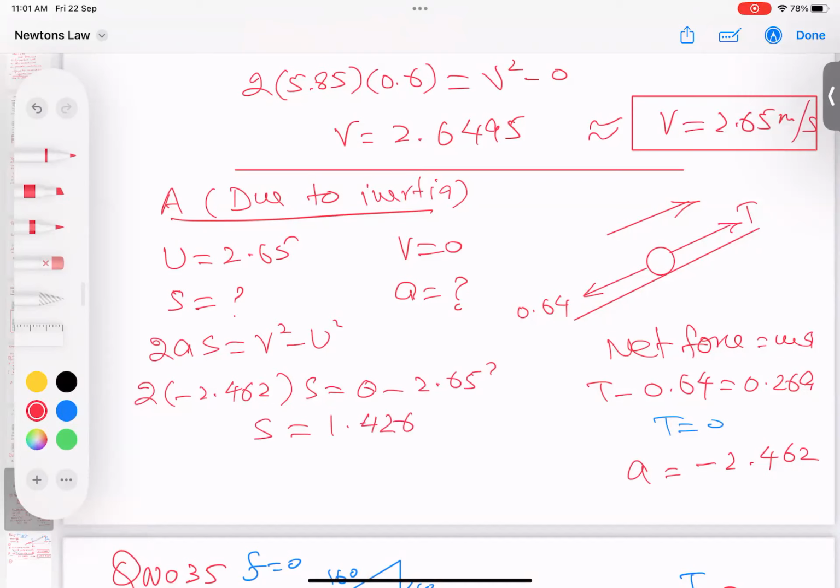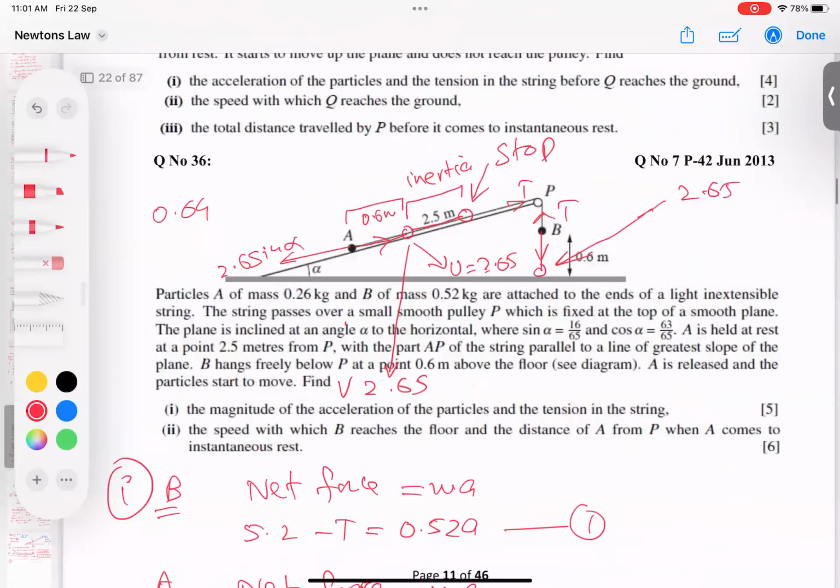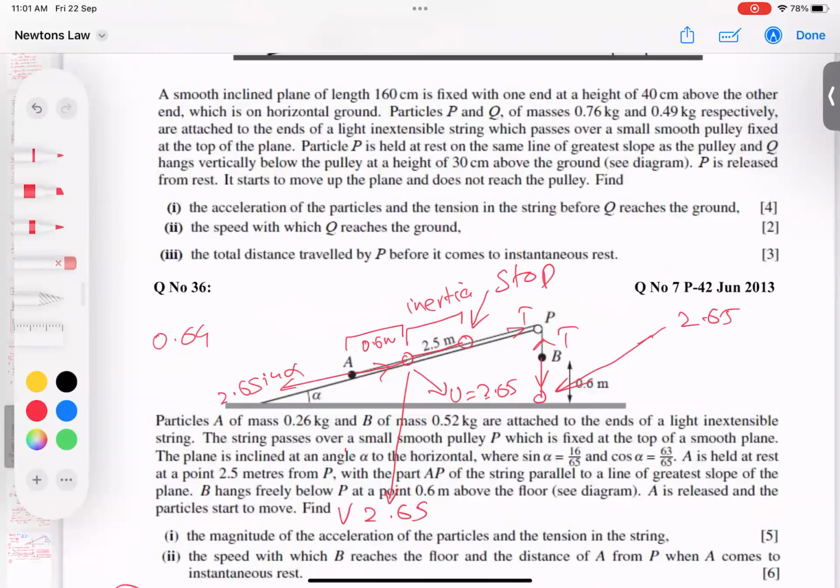Now, the interesting part. What is the question he is actually asking? If I erase the diagram and show you, the total distance is 2.5 meters. It moves 0.6 meters, and the distance I just got is 1.426.